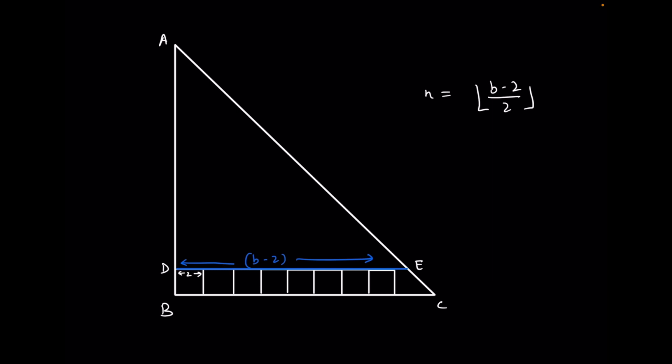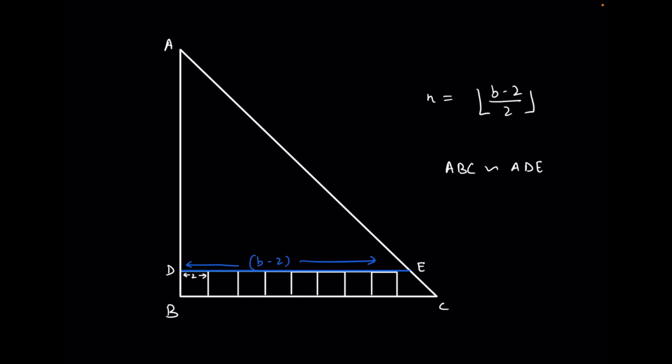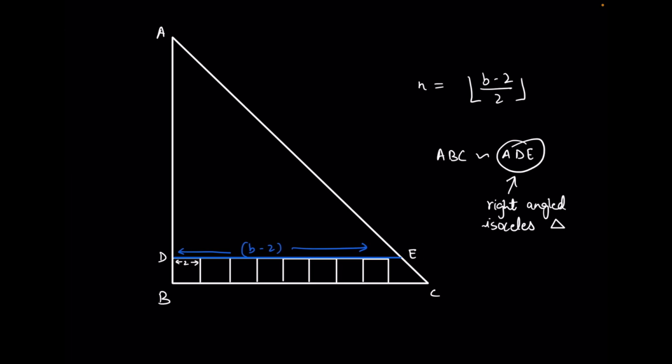But if you notice, what we had said was that triangle ABC is similar to triangle ADE, which means that if ABC is a right angled isosceles triangle, ADE is also a right angled isosceles triangle because they're similar triangles, right? What does that mean?